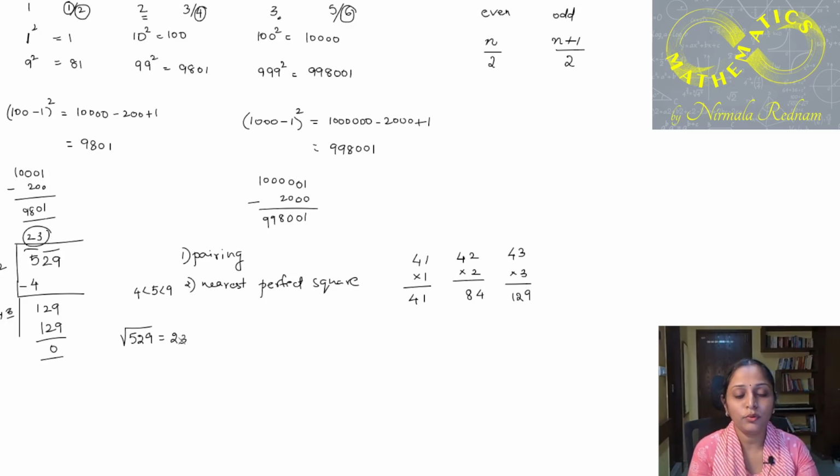So when you are trying to do that in an exam, for now you know that 23 square is 529, it's noted to you. But usually that's the advantage of long division over prime factorization, that sometimes for any prime number, when you take the square of it, 29 square and so on, you'll be checking for every prime number up till then, and that is going to become very time consuming for you.